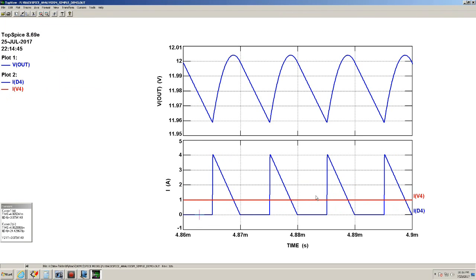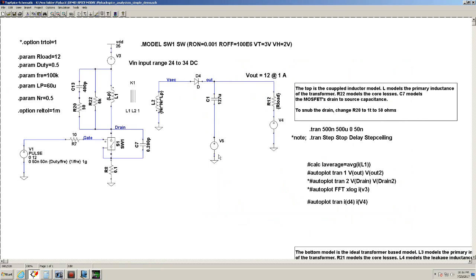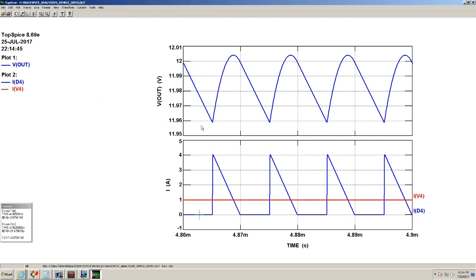Okay, and the average current is I4. I4 is the current going through your load resistor. Okay, so now let's measure the peak to peak. Here's the output voltage, here's the maximum, and here's the minimum. So we go here.